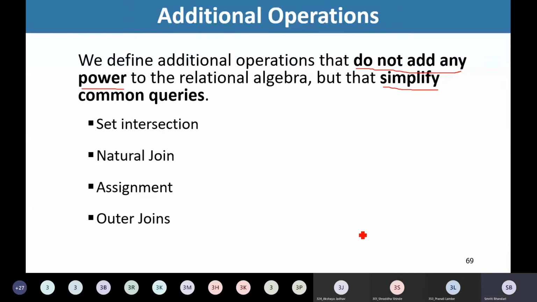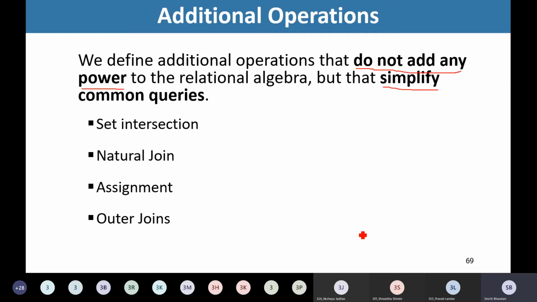So to simplify writing the queries, we have come up with a few additional operations, and these operations are not adding any power, meaning whatever we can perform by means of these operations, all those things can be performed by using the basic relational algebra operations, no doubt.